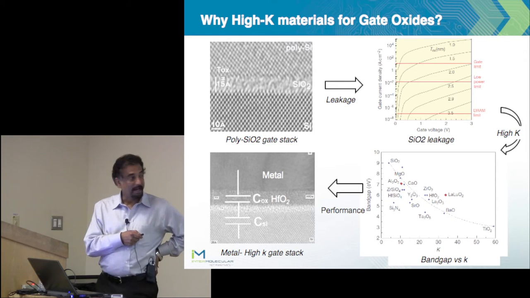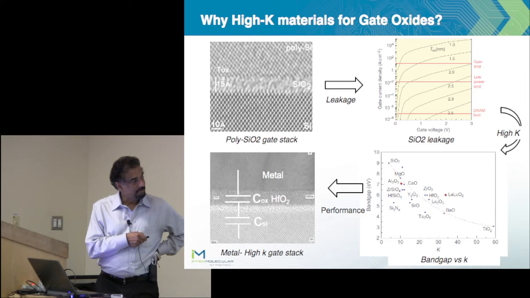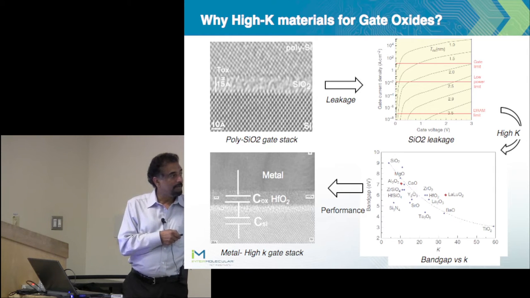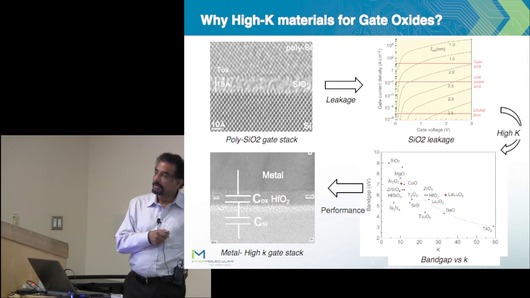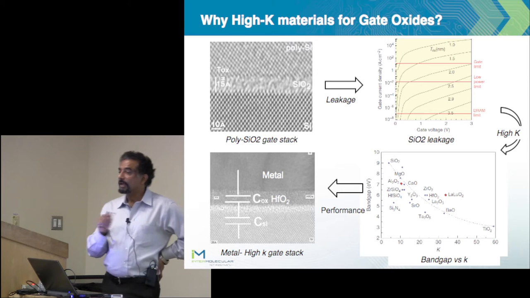high K metal gate stack. If you look carefully at this figure, you will see that not only do you have hafnium oxide, but there is also a layer here which is really silicon dioxide. Whenever you have a transition metal oxide, there is some interlayer oxide.